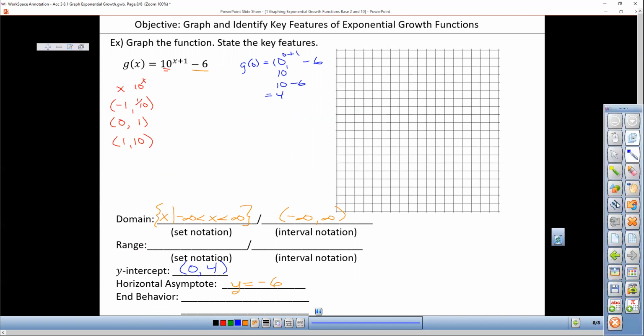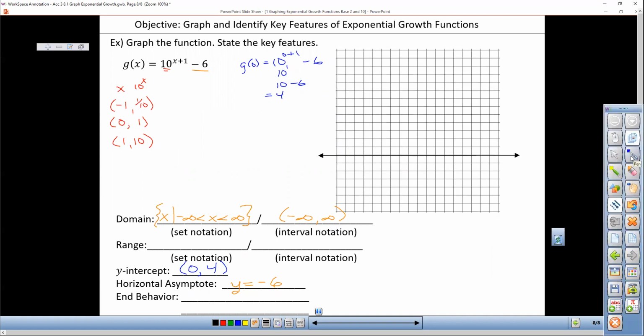All right, let's take a look at our axes. So here there's no x-axis reflection. A is a positive 1, again in this case. And so all of our points will be above our horizontal asymptote. But our horizontal asymptote is down at y equals -6, which means that I need my x-axis to be able to give me space to get down to a y of -6.